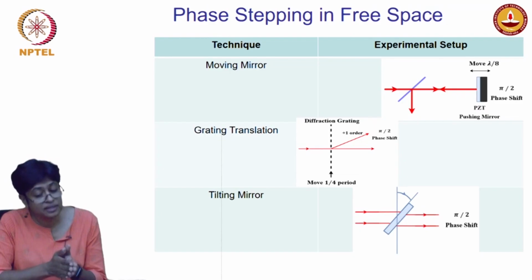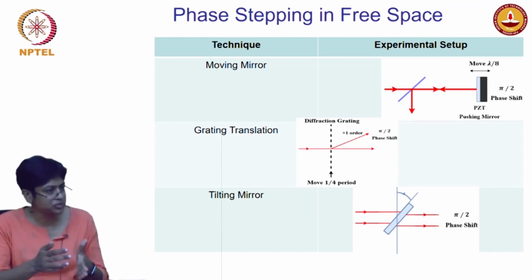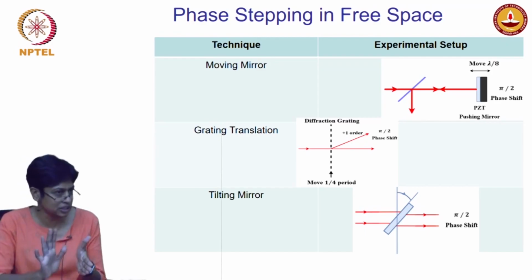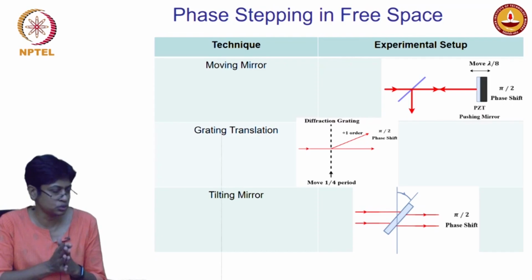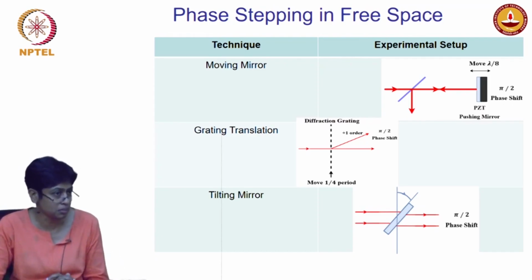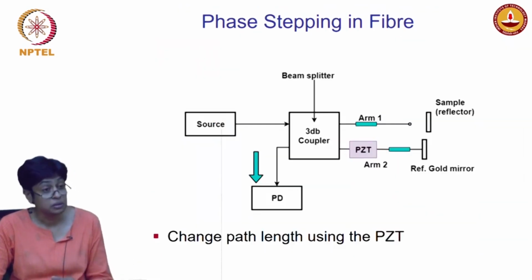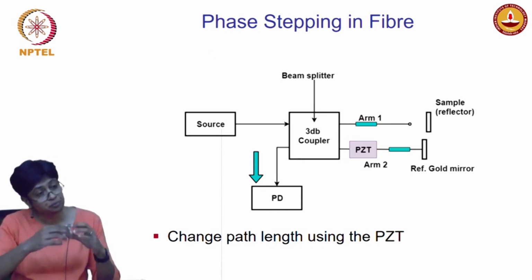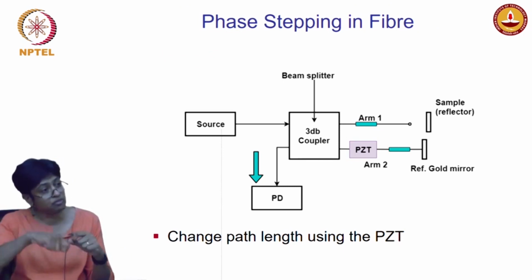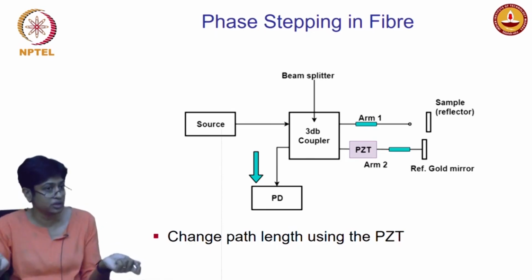You could also have a grating, and don't worry about it too much. When you move the grating, the phase in the order will change slightly, or you could also tilt your mirror to create a phase shift. There are other techniques too. These are some of the common techniques. In the fiber interferometer, it is quite simple to introduce a phase shift because you get a piezo cylinder with fiber wound around it, and you just splice this fiber into your reference arm.